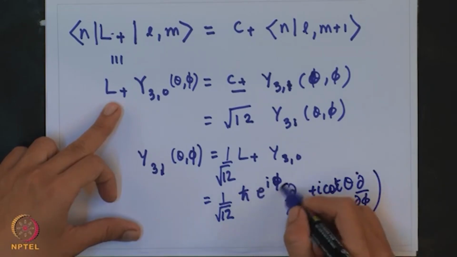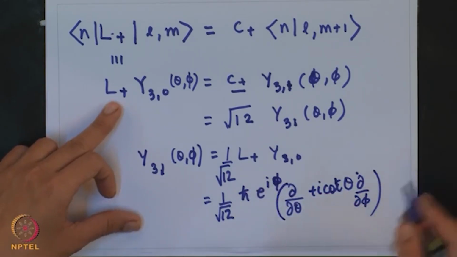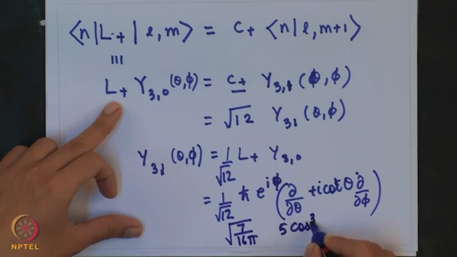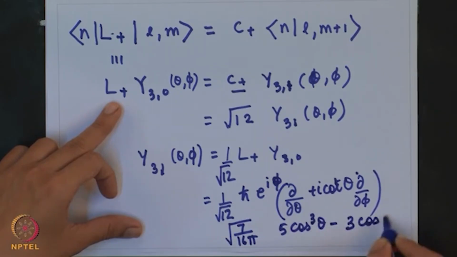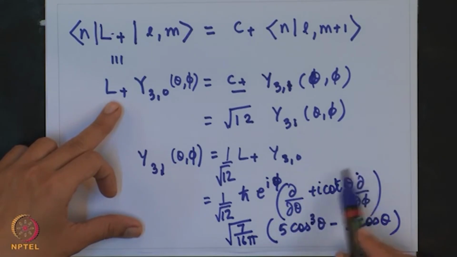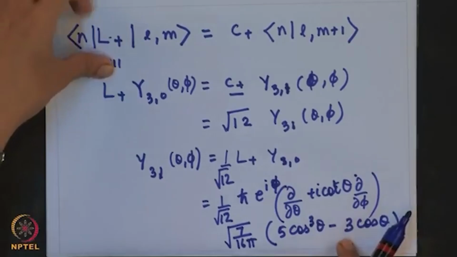And when you operate this on y30, which is nothing but the square root of 7 upon 16 pi times 5 cos cube theta minus 3 cos theta, the phi derivative term will not contribute because it operated on this function gives 0. The theta derivative gives 15 cos square theta sin theta minus 3 sin theta, and with the minus sign it becomes plus.